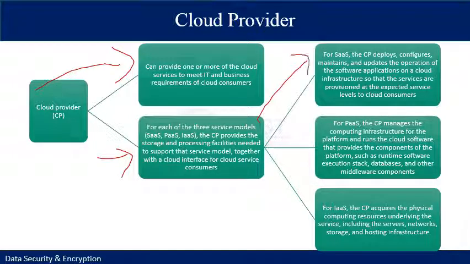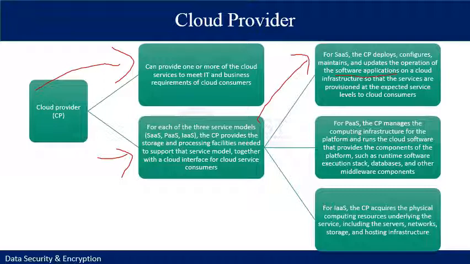So for software as a service, the cloud provider deploys, configures, maintains, and updates the operations of software applications on a cloud infrastructure, and those services are provisioned to the expected service levels for cloud consumers.